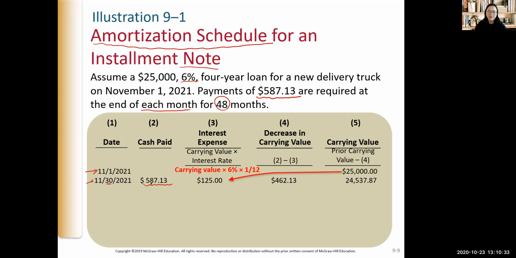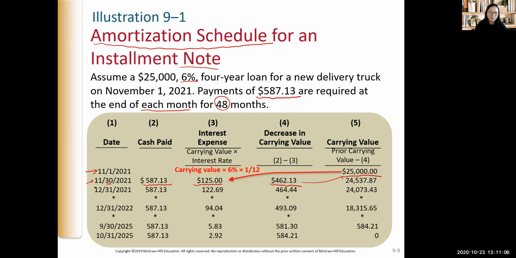We break down this $587 into two components. One component is the interest expense, the borrowed amount multiplied by the interest rate. At the same time, 587 minus 125 is almost equal to $462. This amount reduces the carrying amount of the outstanding loan, okay?